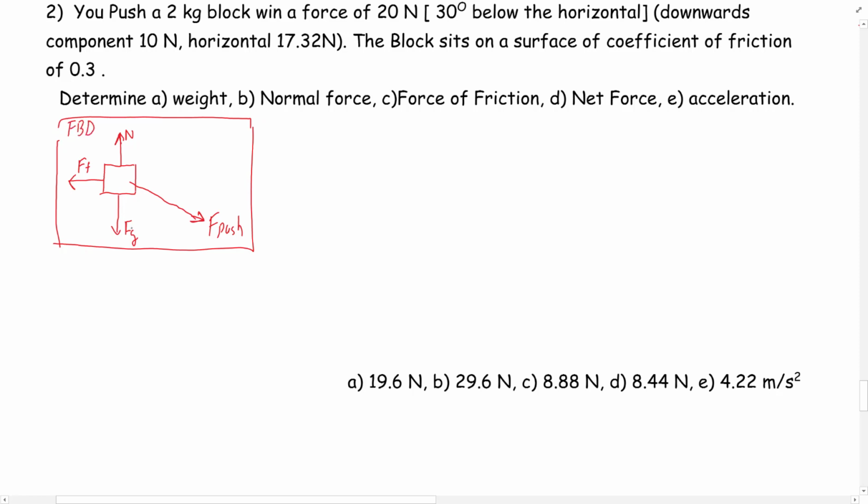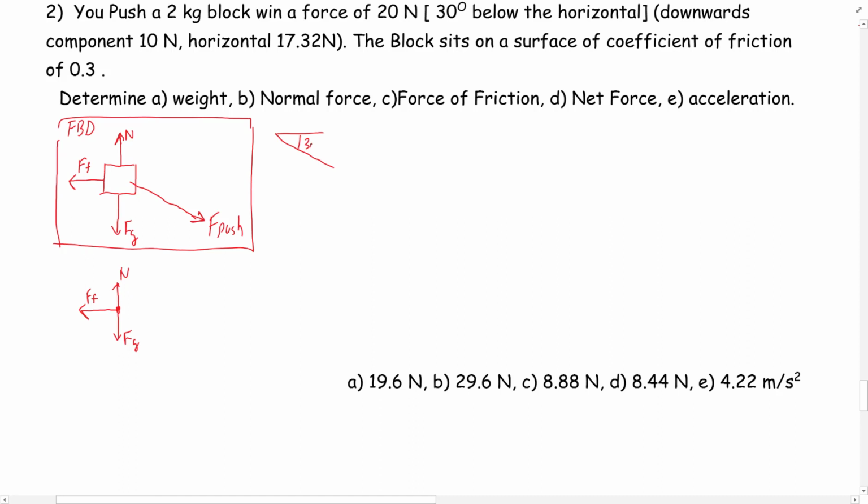Now, let's draw it in components down here. So we have normal, force of gravity, force of friction, and we're told the components. Although we could figure them out, right?